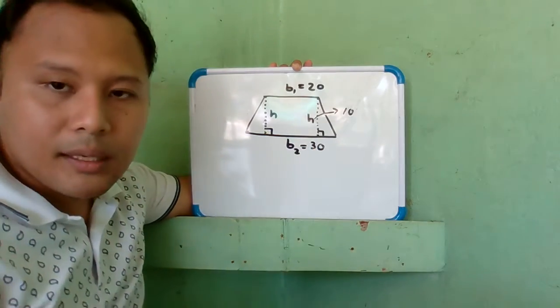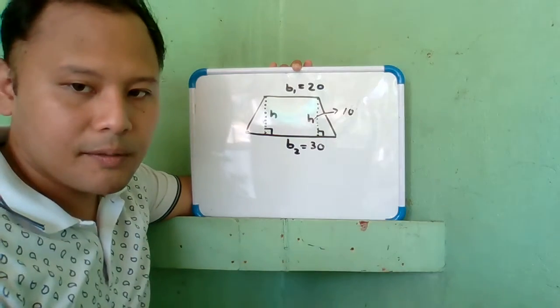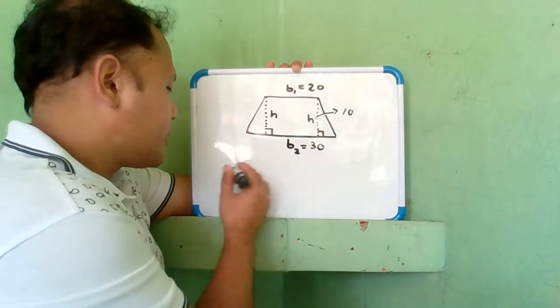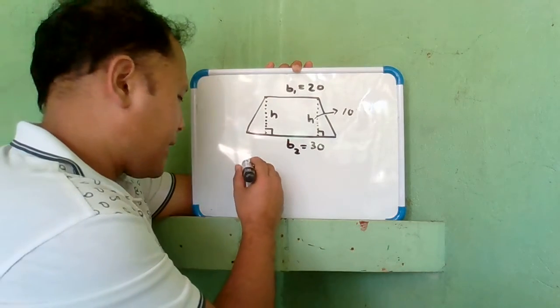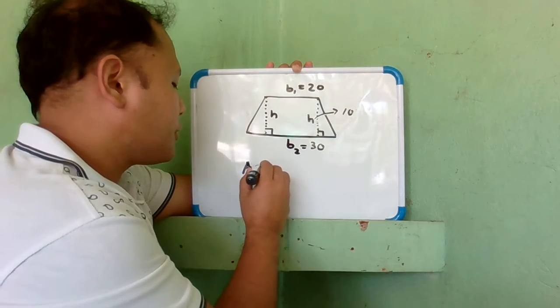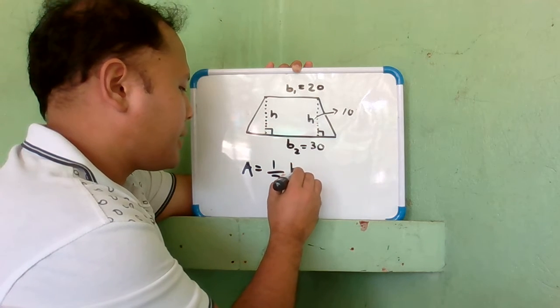So what is the area of the trapezoid? So applying the formula, you can have A equals 1/2 times the height.